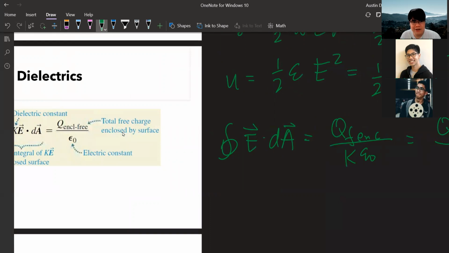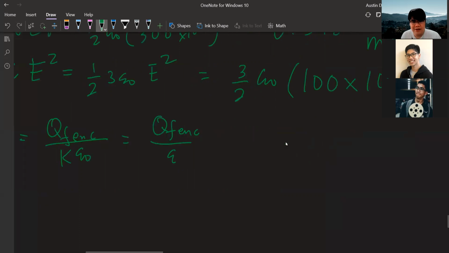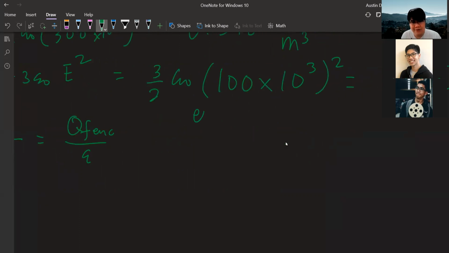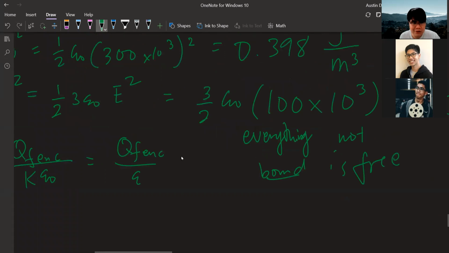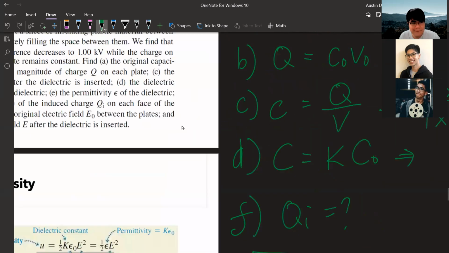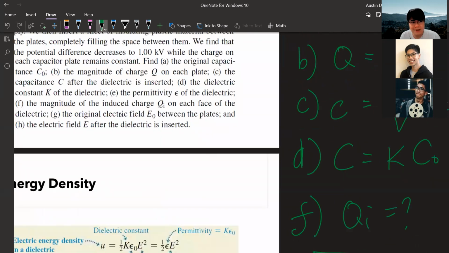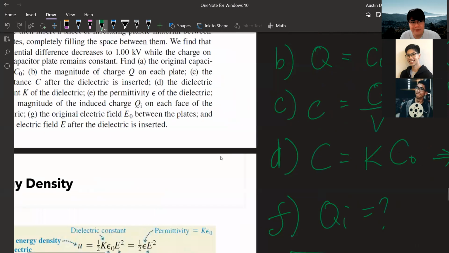Okay. So free charge enclosed by the surface. So nothing new. So everything that is not bound is free. Okay? So ano yung mga bound? Yung katulad kanina, meron tayong bound charge na sinolve. Ito yung mga induced charges sa dielectric mo.